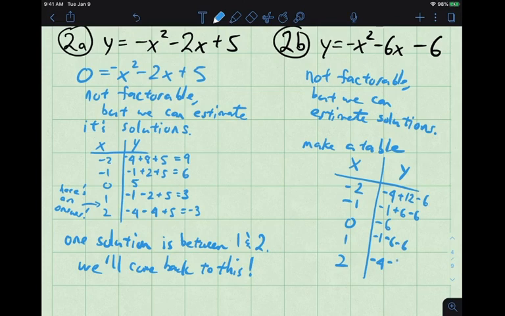Negative 4 minus 12 minus 6. Plus 2, negative 1, 6, negative 13, negative 22. So for this problem, it looks like we have an answer between 1 and 2. Negative 2 and negative 1. And then we'll come back here.